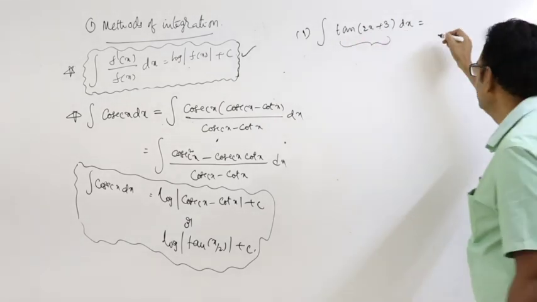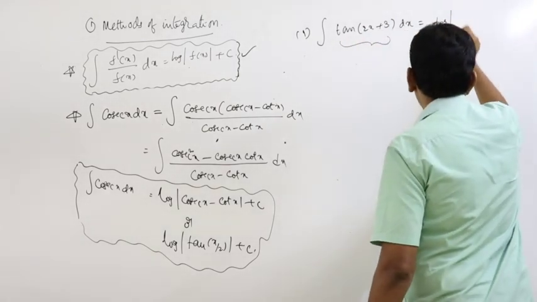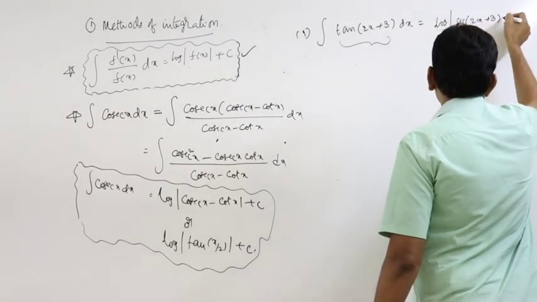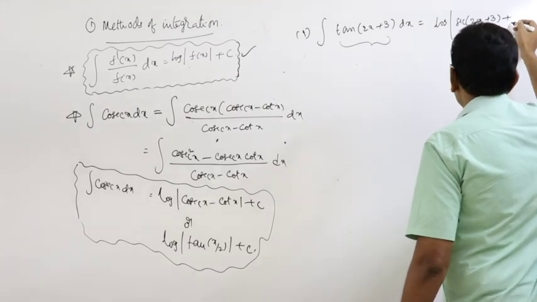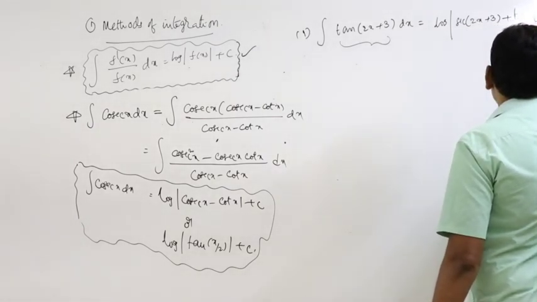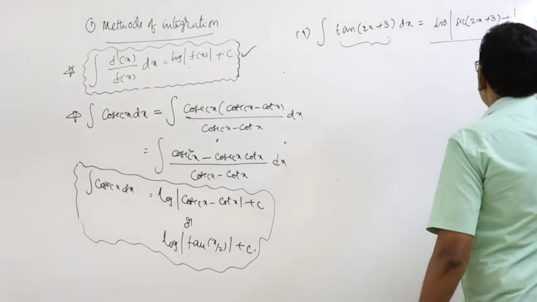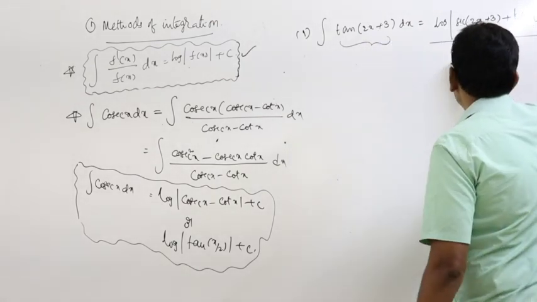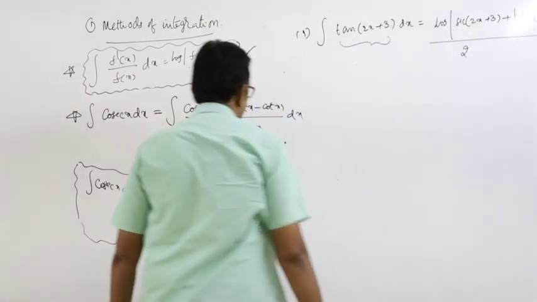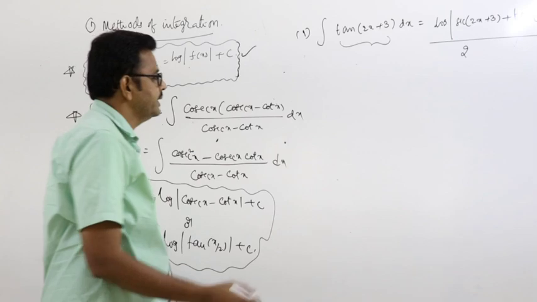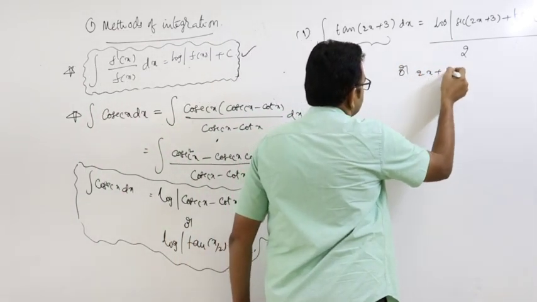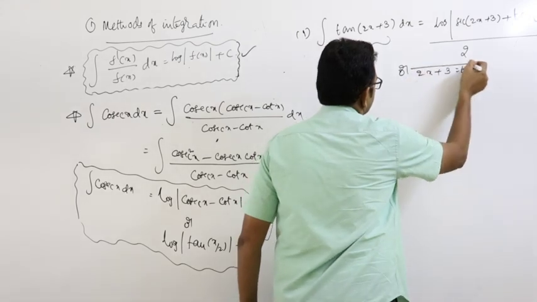Integral of tan x is log mod secant of 2x plus 3 by its derivative, derivative is 2, plus c. Or you write 2x plus 3 is equal to t, the substitution method.